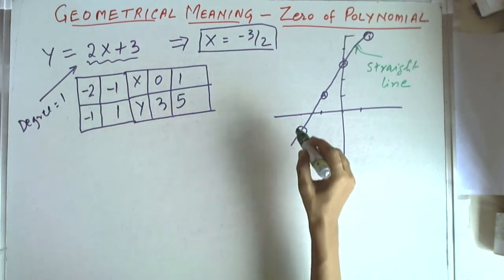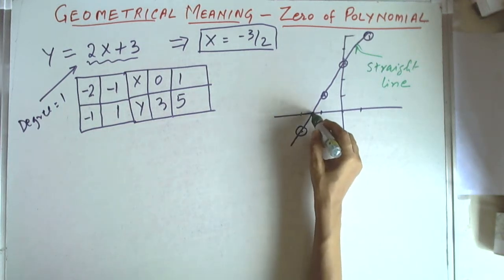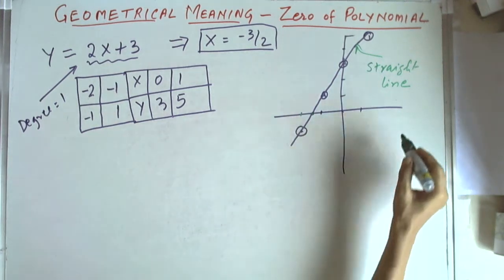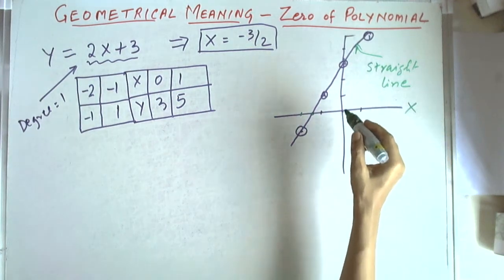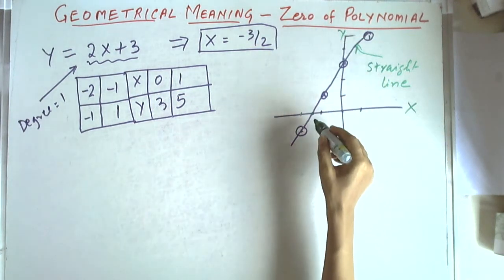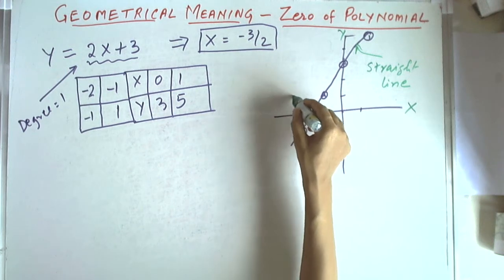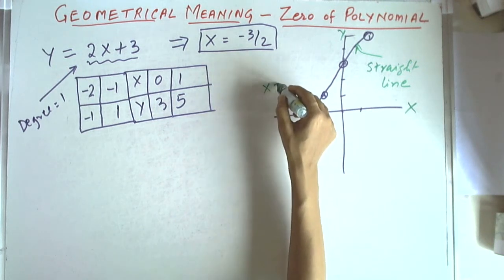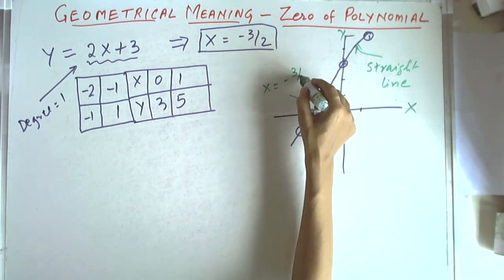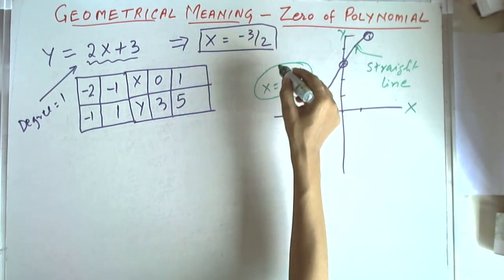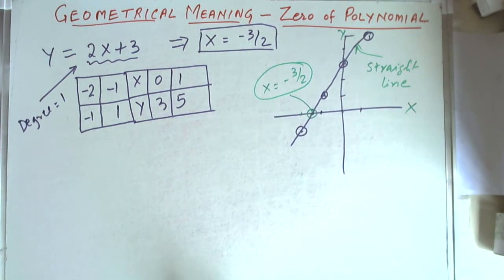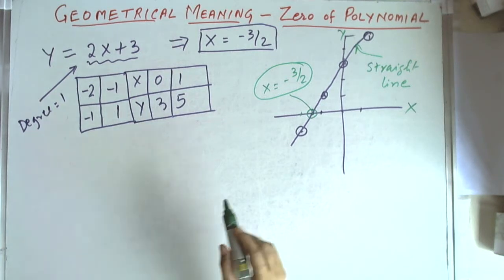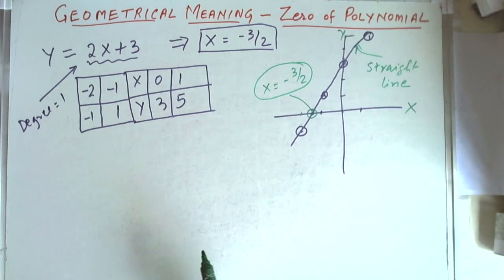Now if you see where this line intersects with the x-axis, this is x is equal to minus 3 by 2, which is equal to the zero of this polynomial.